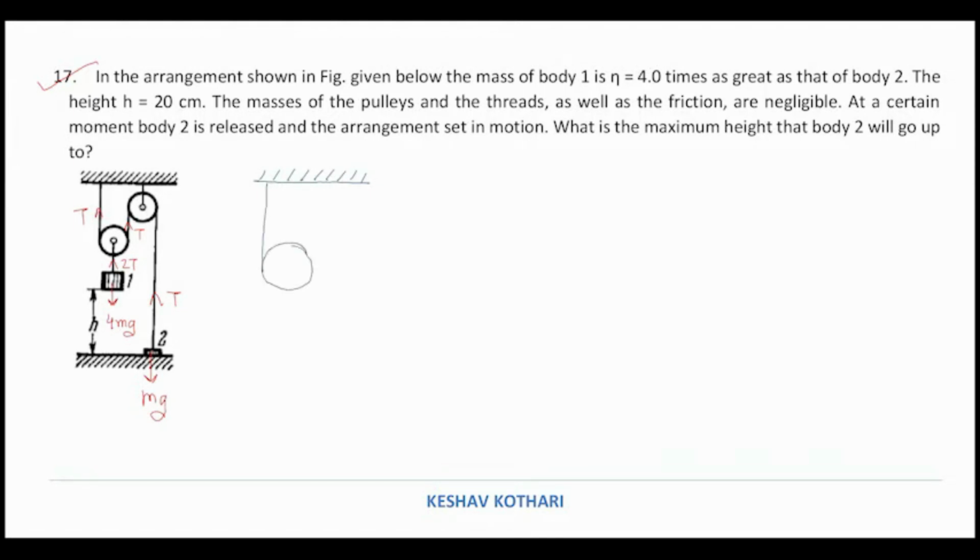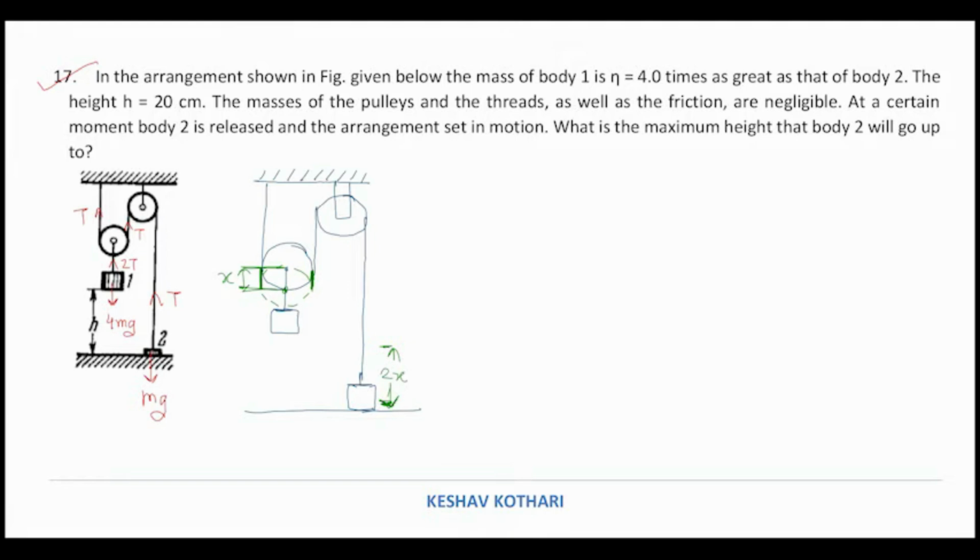Suppose this mass system goes down by a distance x, so this length of thread and this length of thread, that is 2x. So the second mass must rise by a distance 2x in order to compensate for the rope length.